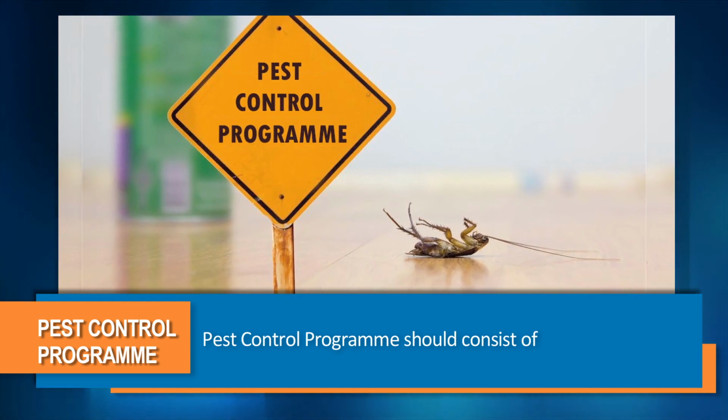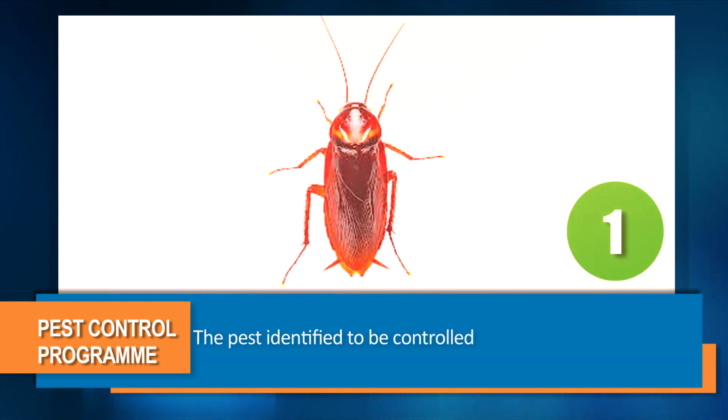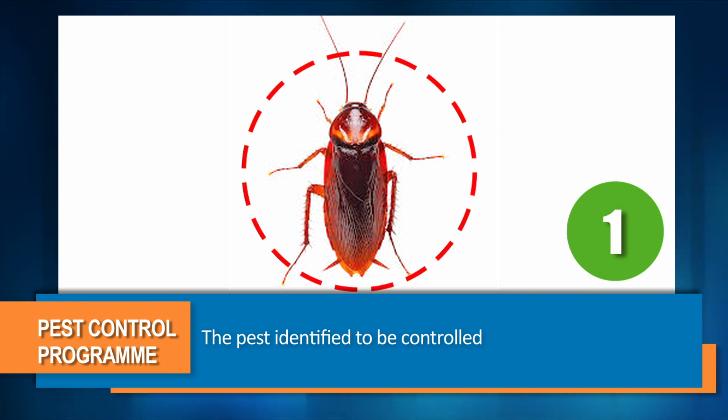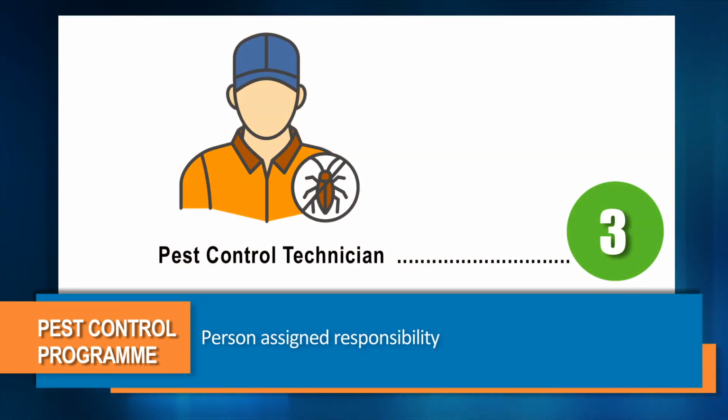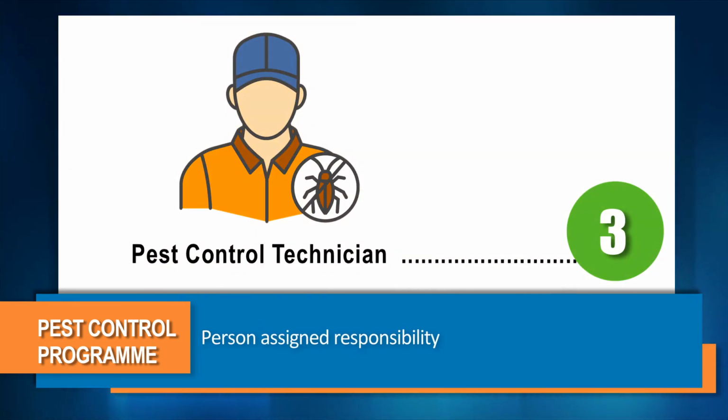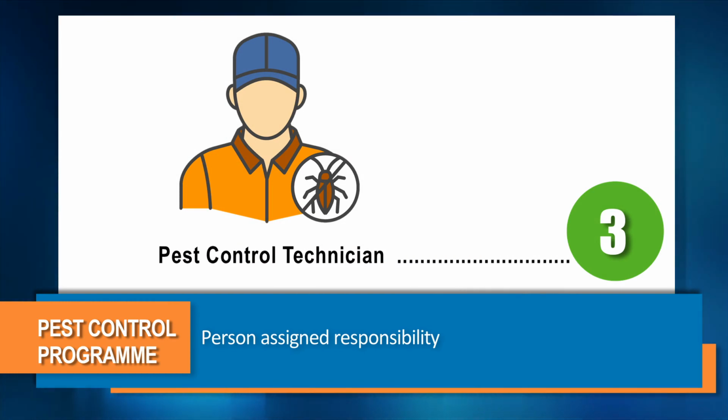The program should consist of the pest identified to be controlled, the name of the pest control company or the name of the person contracted for the pest control program. The person who is assigned responsibility for pest control.